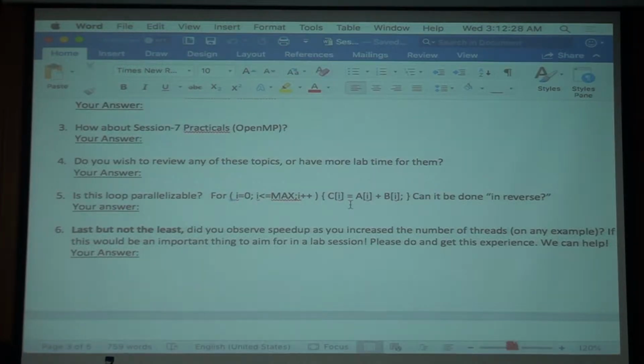Did you observe speedup as you increased the number of threads in any example? Clearly, you should not go back without having studied some scaling. So try to get that done for some OpenMP or some MPI examples before you go. Ideally, OpenMP will be easier. With MPI, we don't know how we are going to run on a large machine and all that. Then here are the things that we are going to study as far as MPI goes.